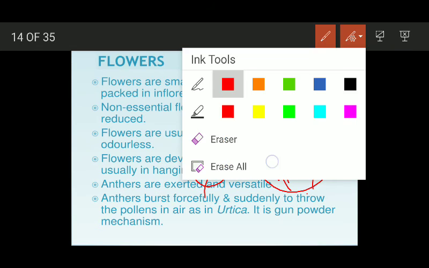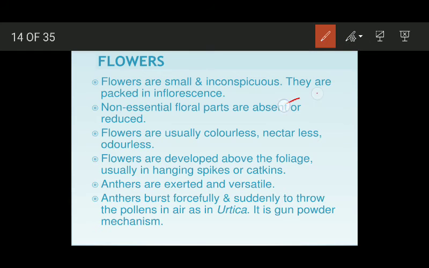And they are versatile. Versatile means the anthers are attached at their point of attachment right in the middle.